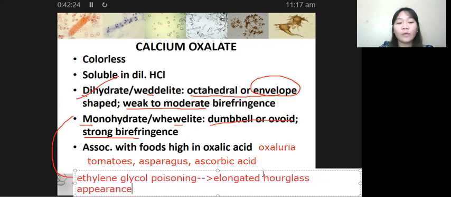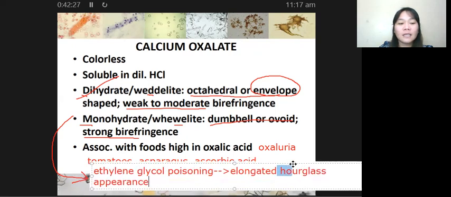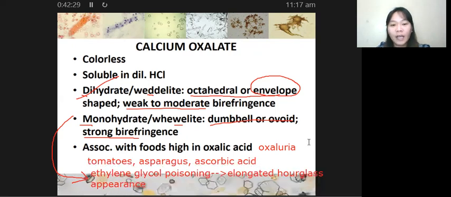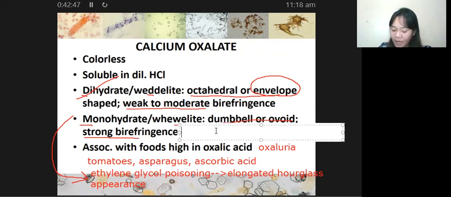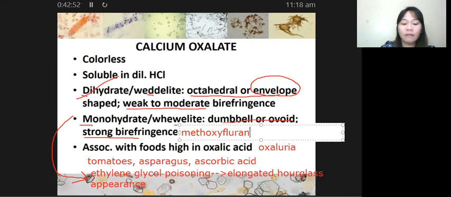In addition to ethylene glycol poisoning, please also include under your monohydrates methoxyflurane toxicity.